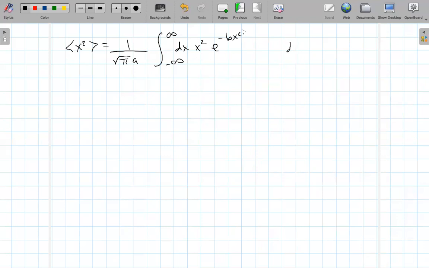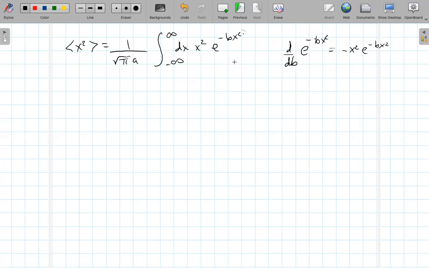So if I took d/db of e to the minus bx squared, this is equal to minus x squared e to the minus bx squared, right? Does that make sense? Yeah.